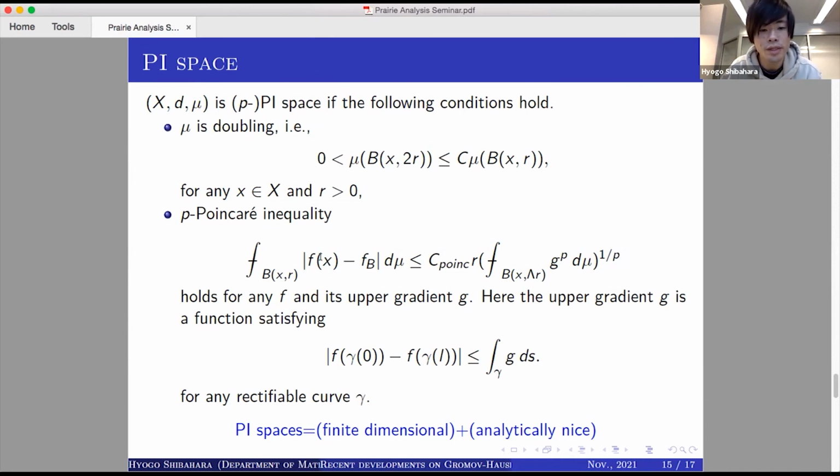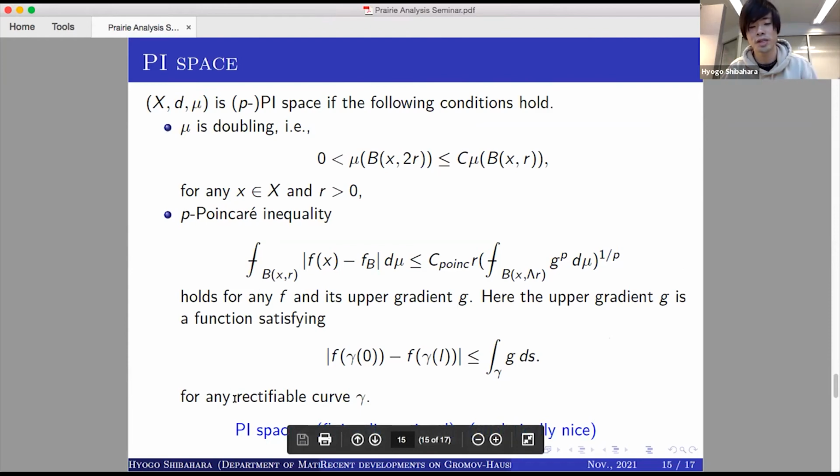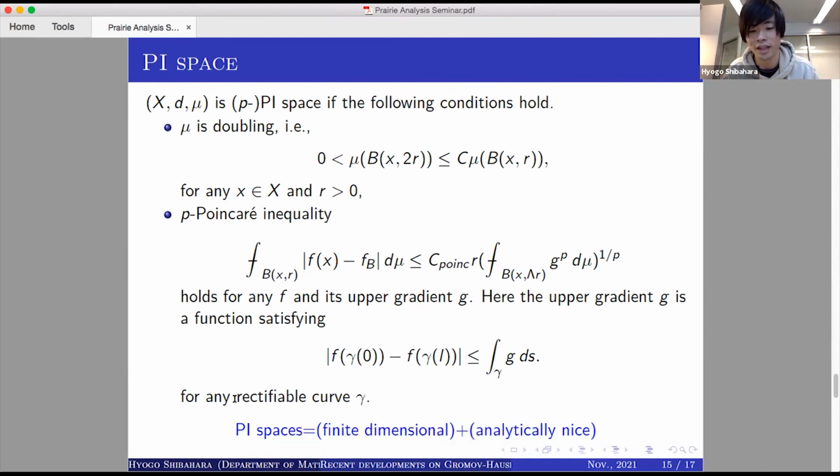This means that first order calculus is valid in a sense, about the gradients. So roughly speaking, a PI space is a metric measure space with finite dimensionality and is analytically nice in some sense.